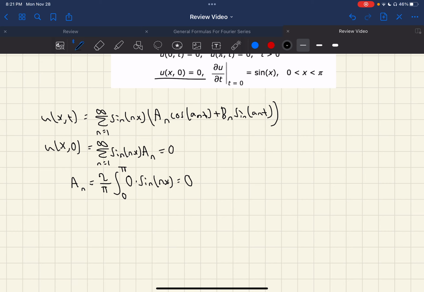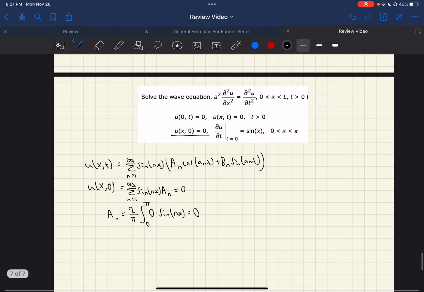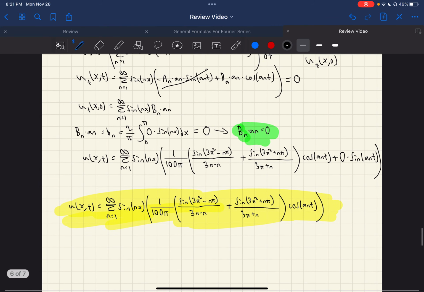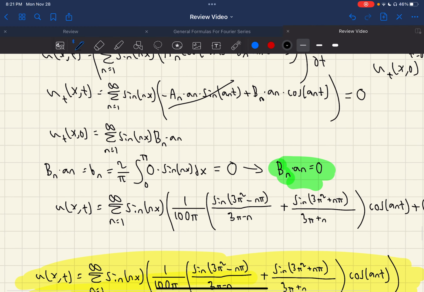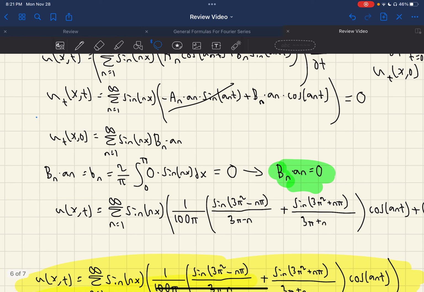So now we need to find bn. And this is where we take that derivative we found before. So we can reuse most of this.